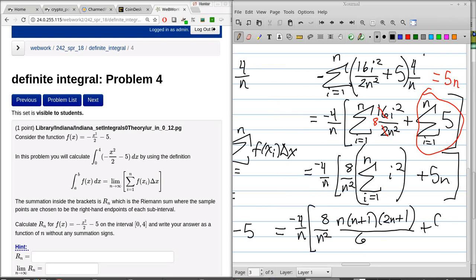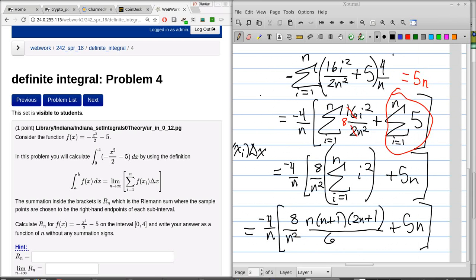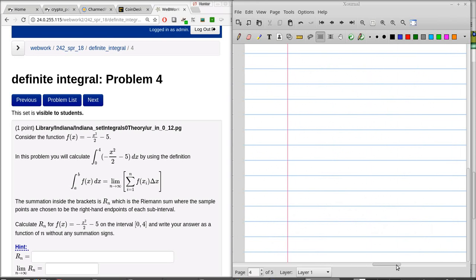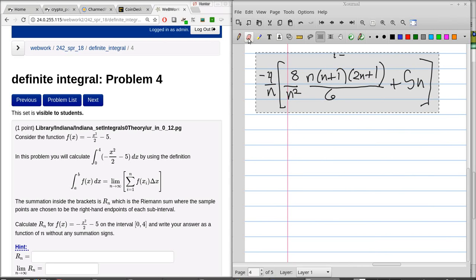Plus 5n. Okay. And I'm going to copy this thing and take it over to the next page, and erase this little stowaway.